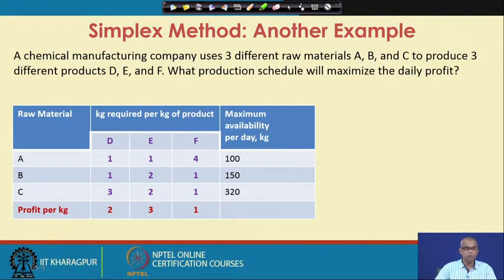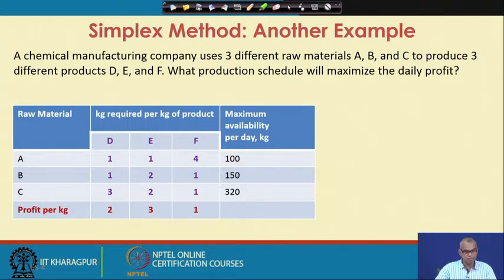Using these 3 different raw materials, 3 different products can be formed D, E and F. We are not talking about reaction kinetics here, but how much of A and how much of B and how much of C are required to produce each kg of D, E and F are given in the table.